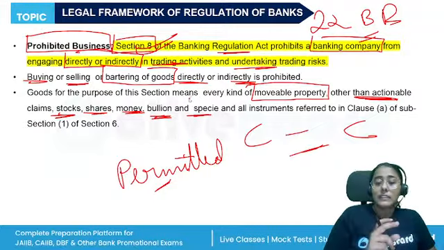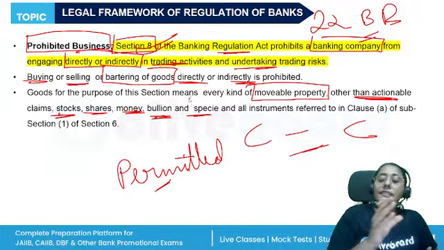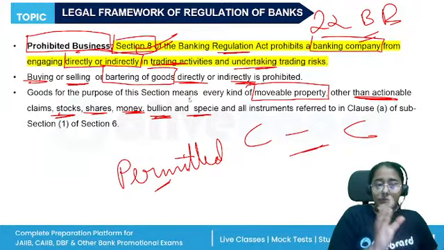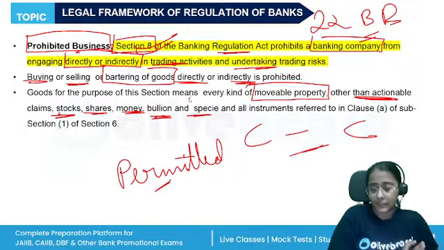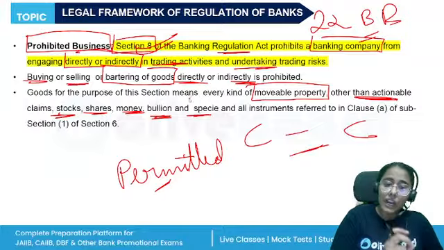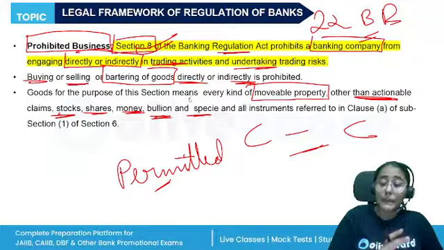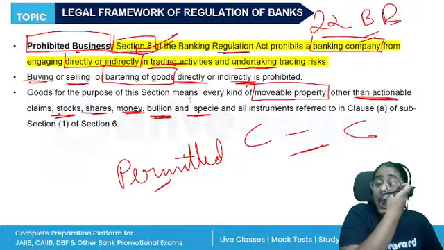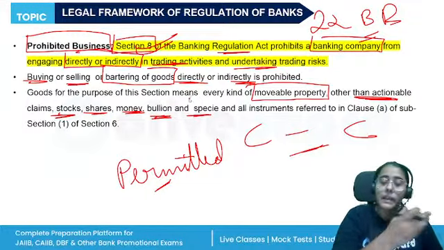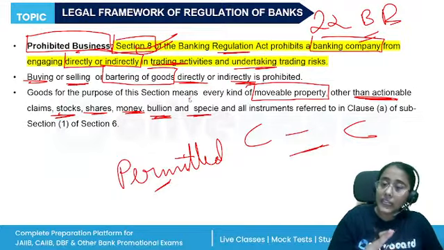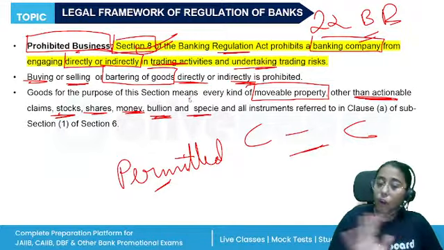What is allowed under the permitted business? The banks are allowed to deal in movable property only if it is an actionable claim, stock, share, money, bullion, or specie. Other than that, dealing in any kind of movable property is not allowed.